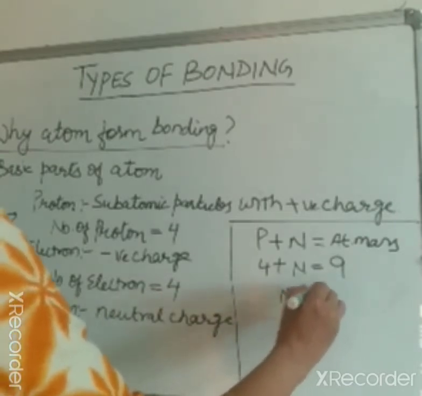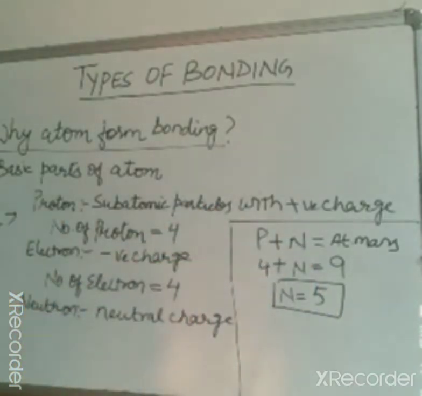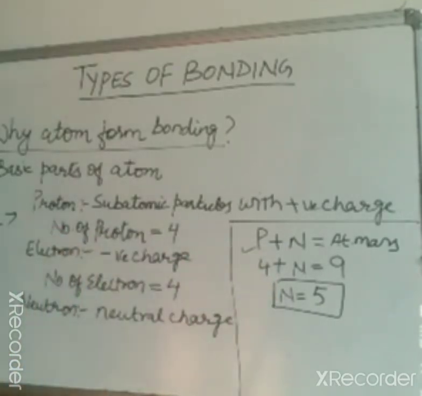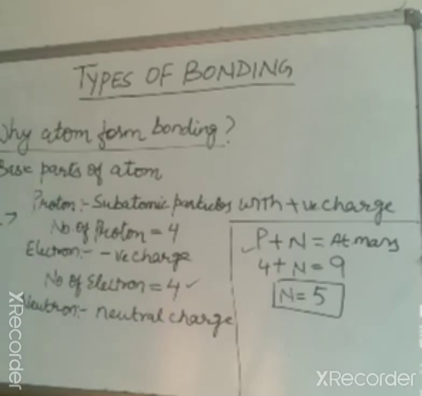Here the number of neutrons will be 5 in a beryllium atom. Now, these protons and neutrons form the nucleus, and the electrons form an electron cloud, taking different energy levels of the beryllium atom.